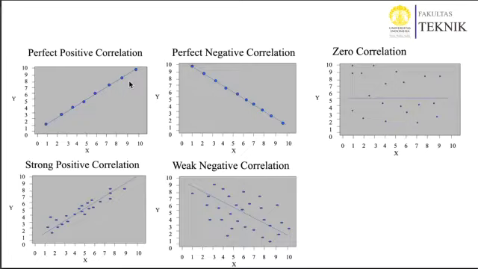If the data fits perfectly on the regression line, we have a perfect correlation. If it's small variance, we have a strong correlation, but if we have a high variance here, we can say it's a weak correlation between the data.